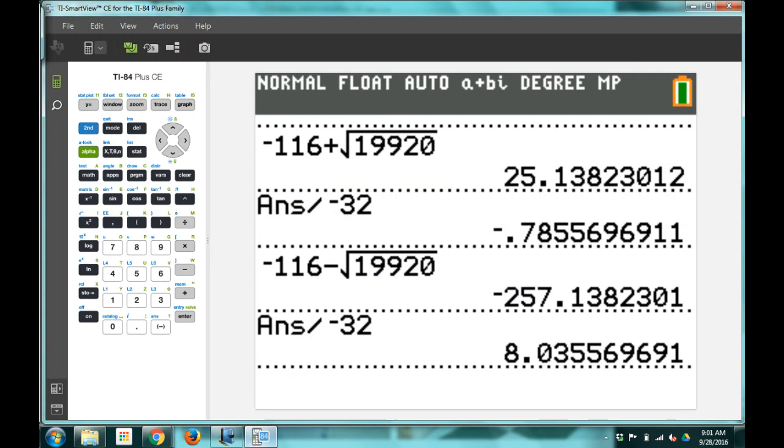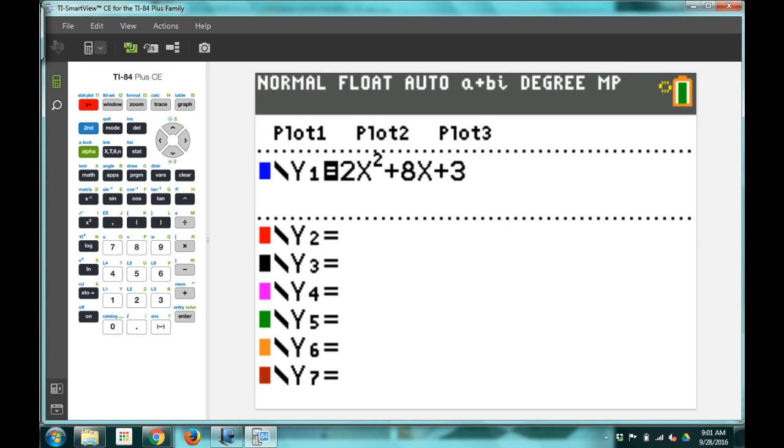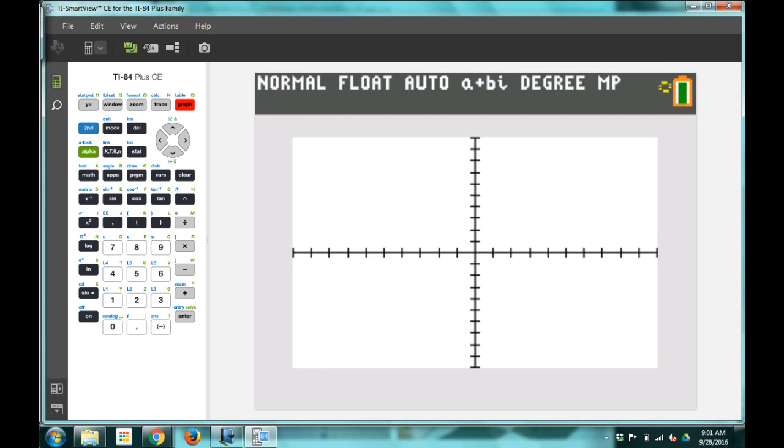So let's graph that. Y equals 2x to the third plus 5x squared plus x plus 4. Hit graph. All right, would that pass a horizontal line?